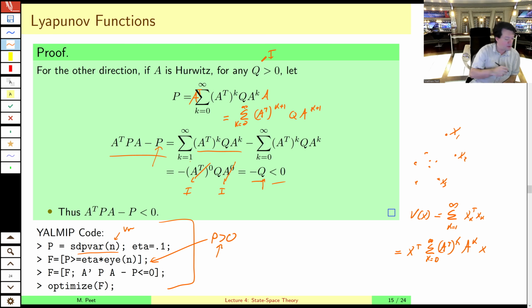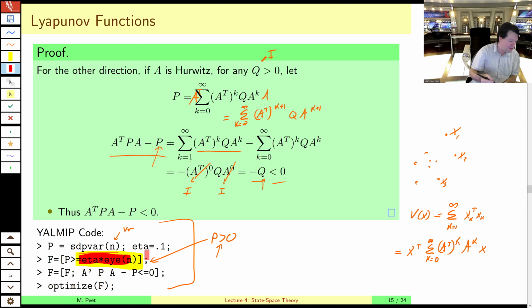It's something that people get wrong all the time, and I want to emphasize it so much because I really don't want to hate grading homeworks based on that. To make P strictly greater than 0, you've got to add some non-zero term to it. You have to make it strict in some sense. How strict?